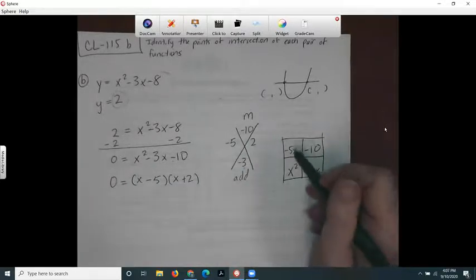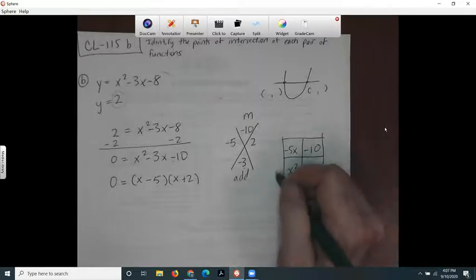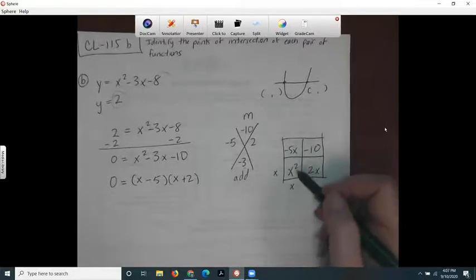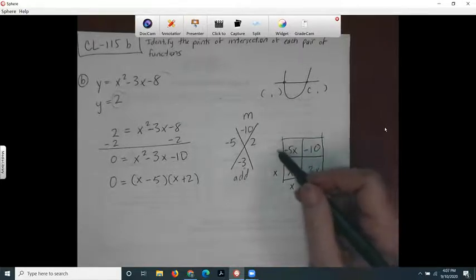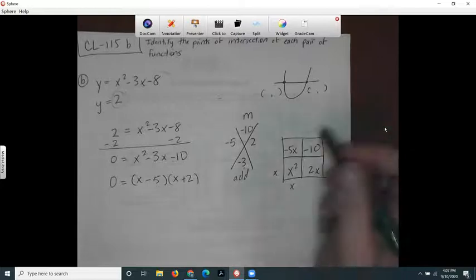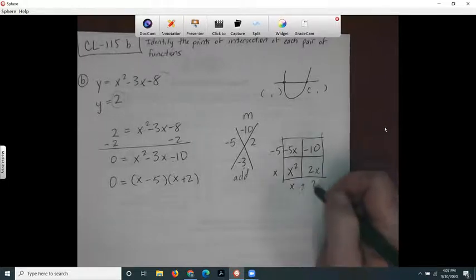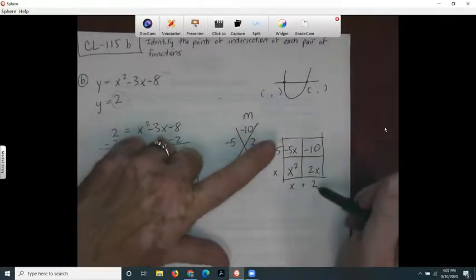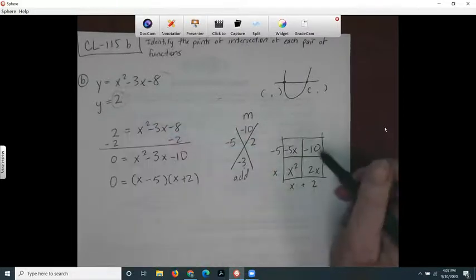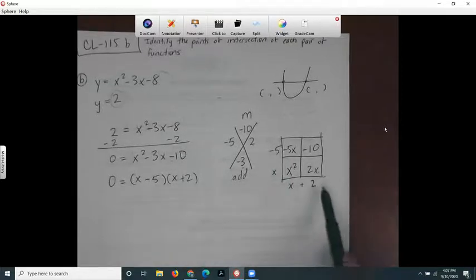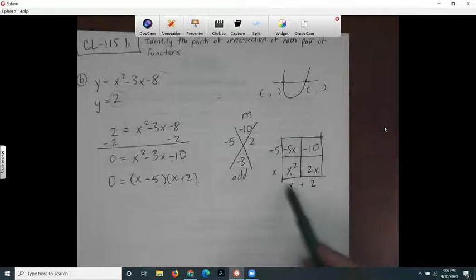It doesn't matter which way I put them. It's an area model because length times width equals area. So x times x is x squared. x times something equals negative 5x, that's going to be negative 5. x times something equals 2x, that's going to be 2. And I can check it by seeing if negative 5 times 2 does make negative 10, and it does. If I were going to multiply these back out, I'd put them back in a little area model and it would work out.